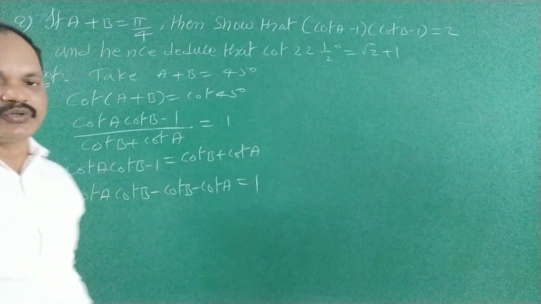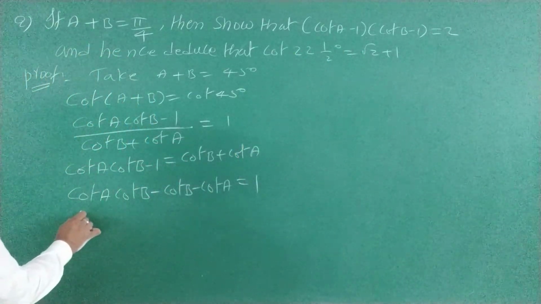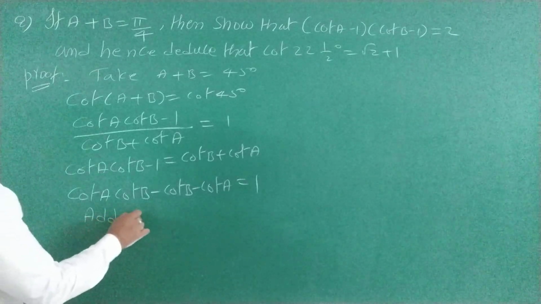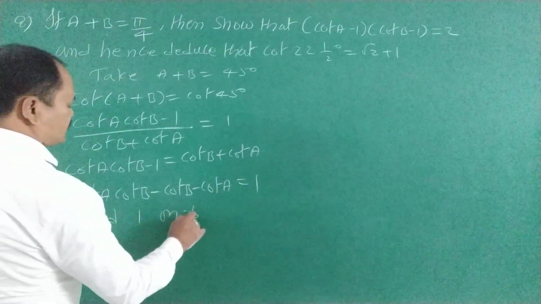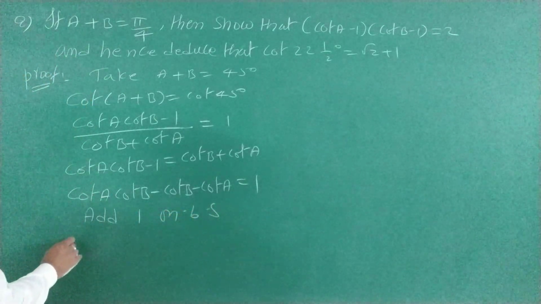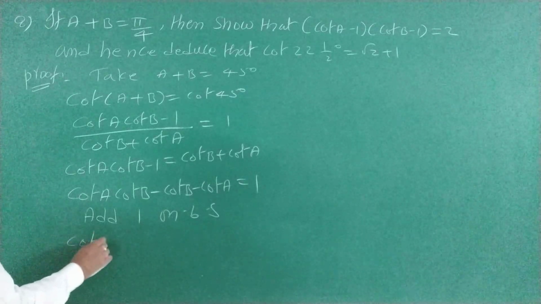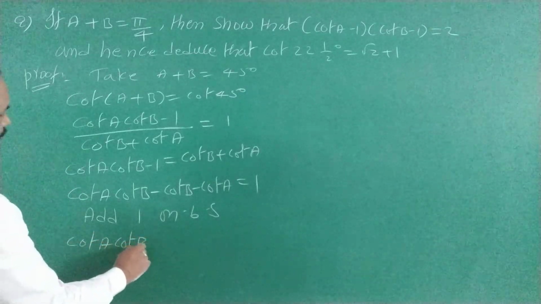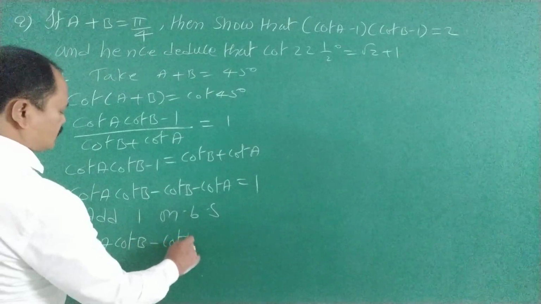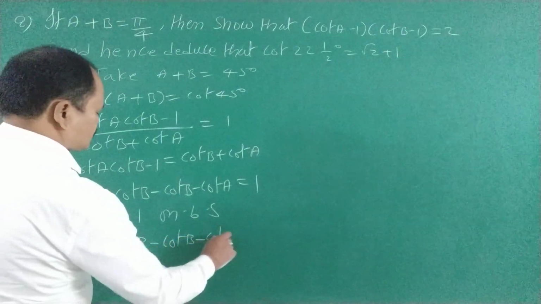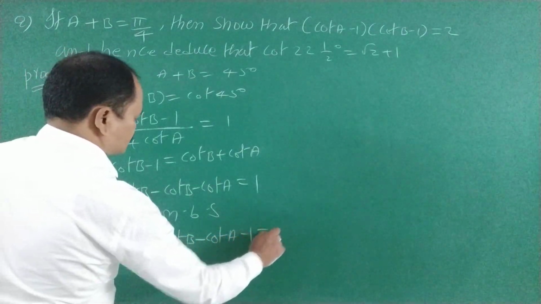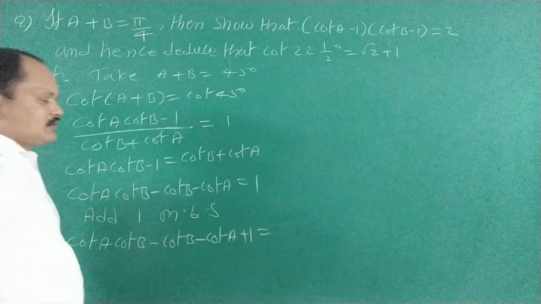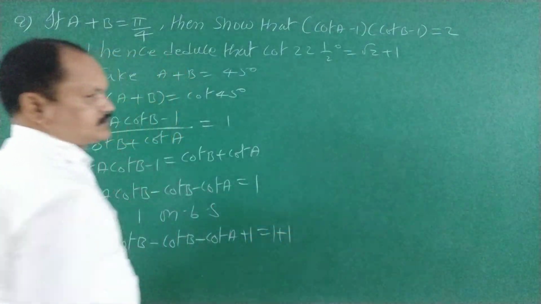That's why add 1 on both sides. Then it is cot a cot b minus cot b minus cot a plus 1 is equal to 1 plus 1.